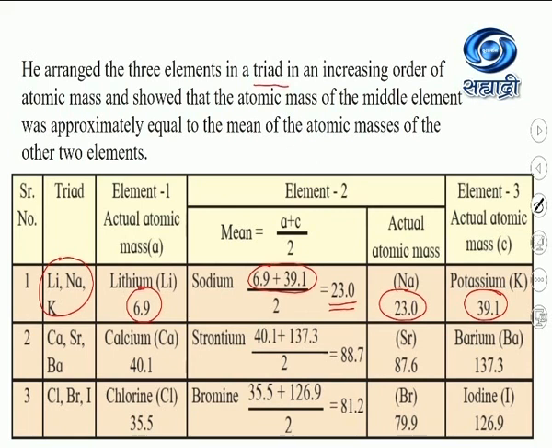So similarly, these three elements, Ca, Sr, Ba, and Cl, Br, I, are arranged in such a way that the atomic mass of the middle element was approximately equal to the mean of the atomic masses of the other two elements.